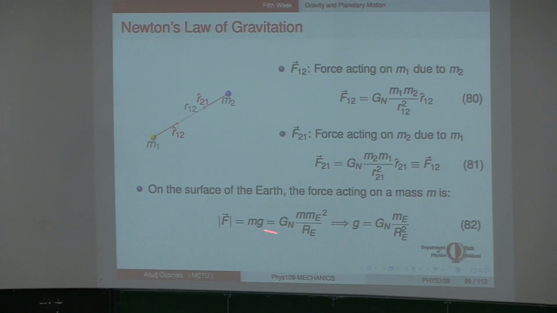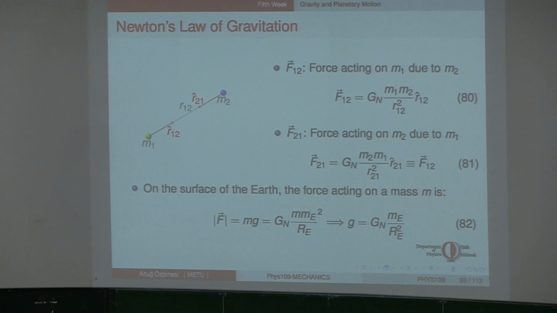And we said that, okay, if this is the force acting on any mass on the surface of the Earth in particular, we had already seen that for any object on the surface of the Earth, its weight can be written as its mass times the universal gravitational acceleration.